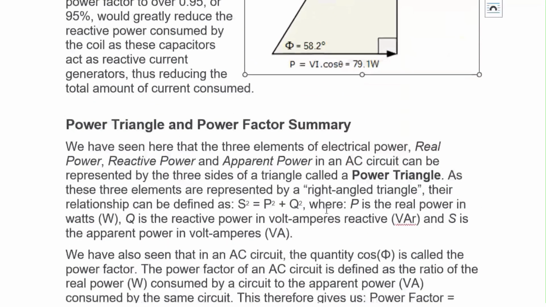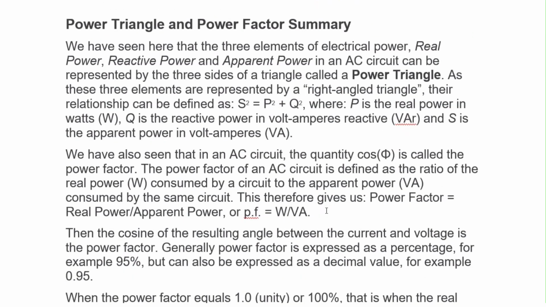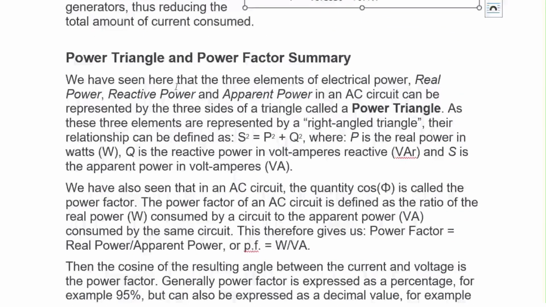So the power triangle and the power factor summary as the last part. We have seen that the three elements of the electrical power, real power, reactive power, and apparent power in the AC circuit can be represented by three sides of the triangle that is called power triangle.